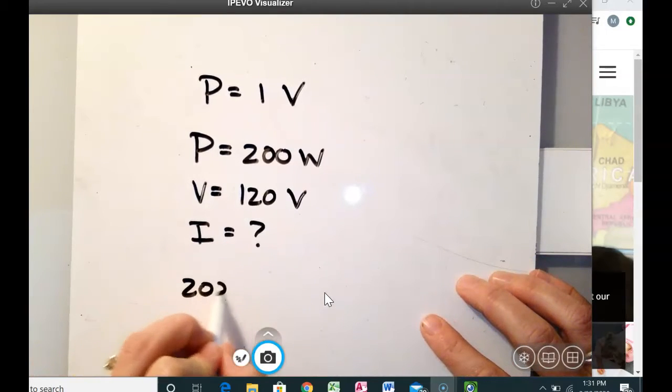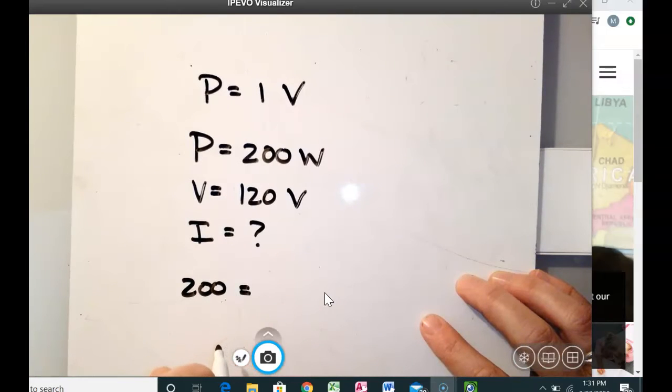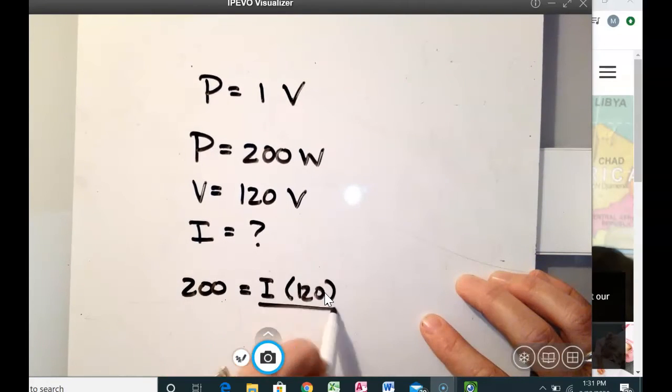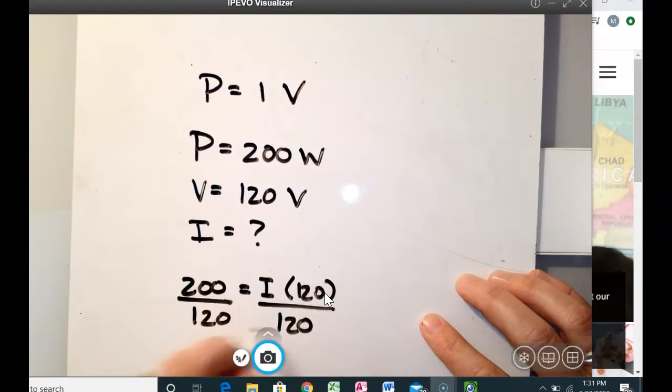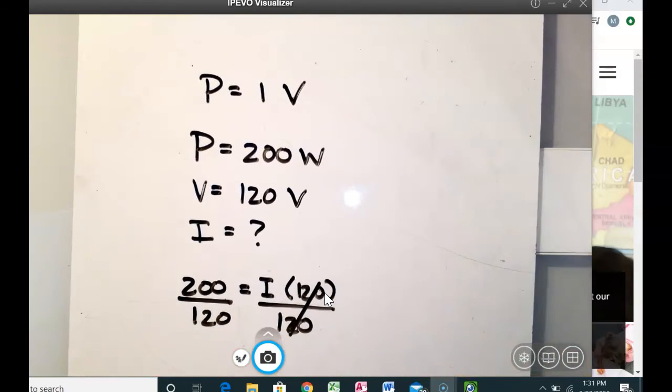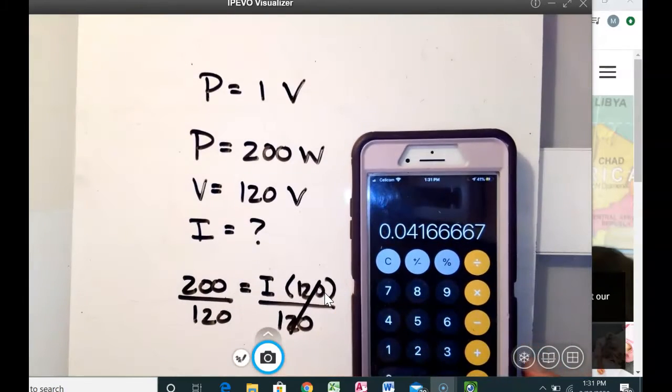So 200 equals I times 120. Divide both sides by 120, and let's see what we end up with. Again, you can use the calculator on your phone to do this, no excuses.